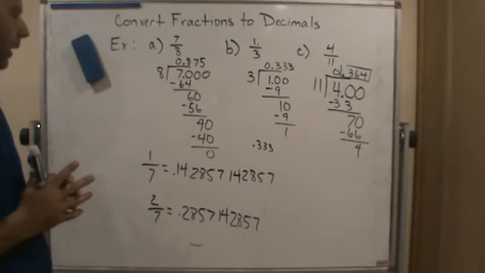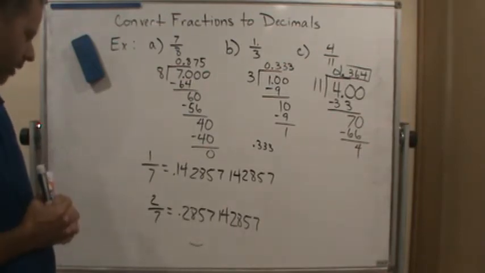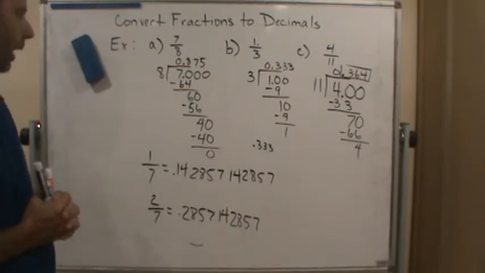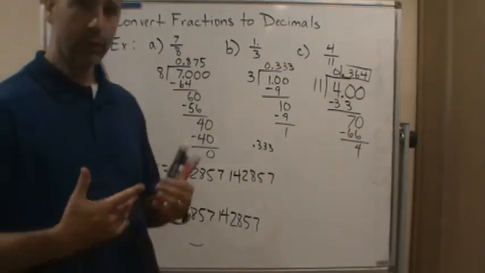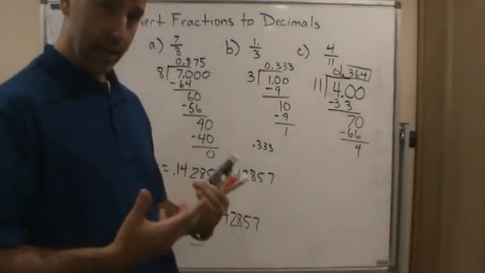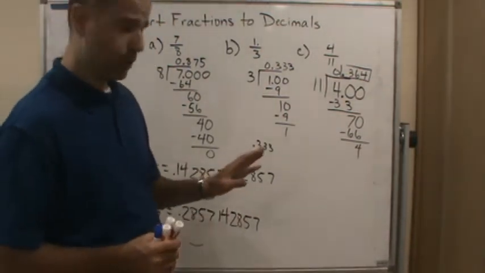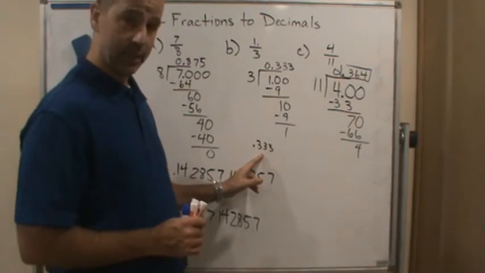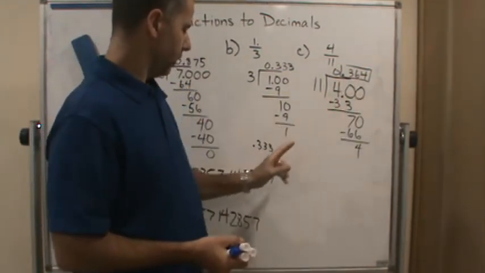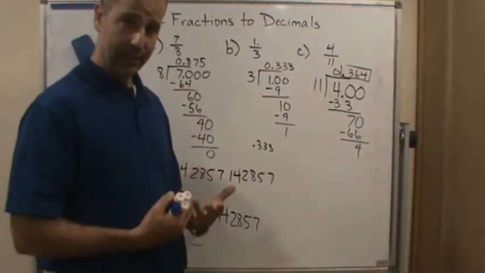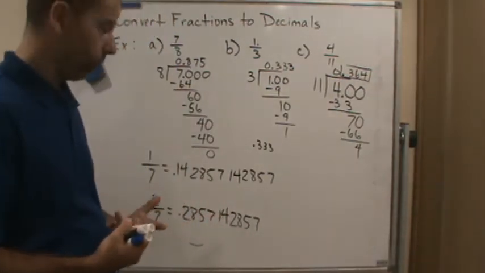Okay, so the question is, how can I write these when I don't want approximate? What if I want the exact decimal? As you heard me earlier, these were the approximate equivalent decimals. What if I want the exact equivalent decimal?